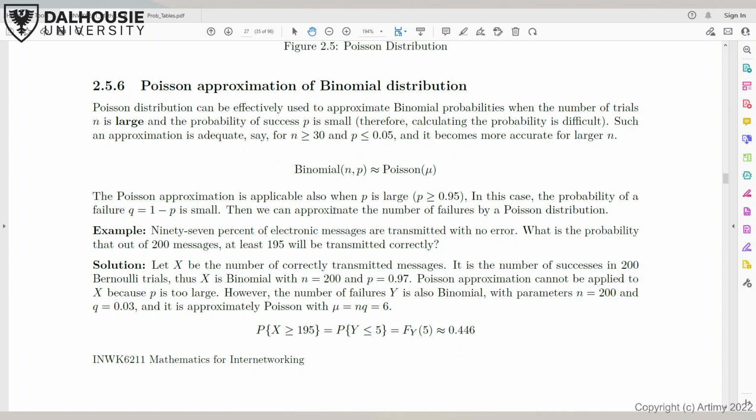So Poisson and binomial have certain things in common. Poisson gives us the number of events in a period of time. Binomial gives us the number of successes in n trials, right?